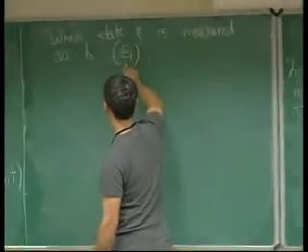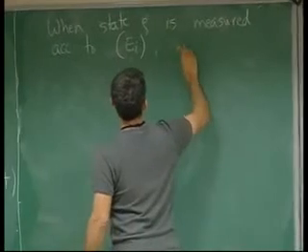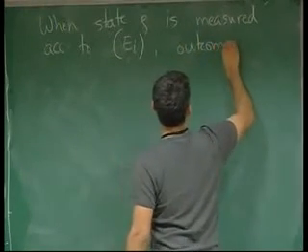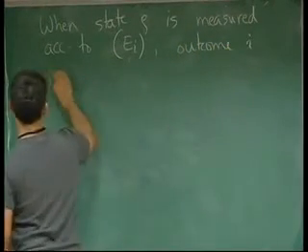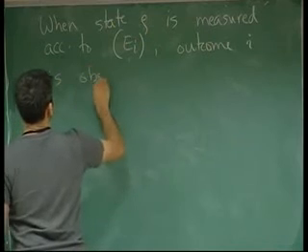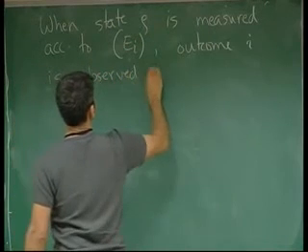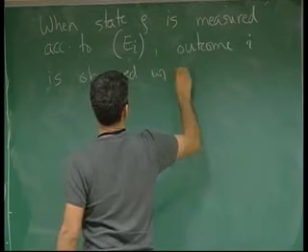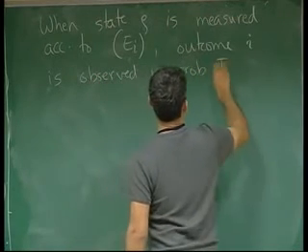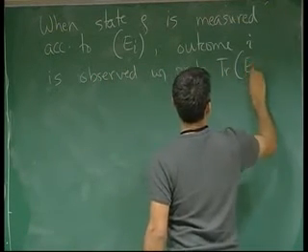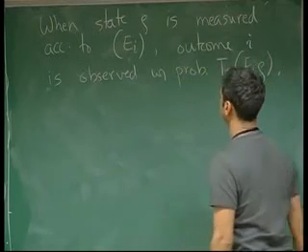So when the state is measured according to E_i, outcome i is observed with probability trace of E_i rho.